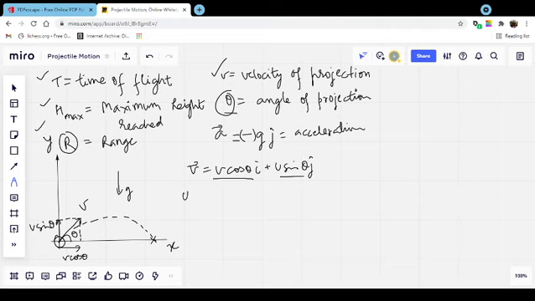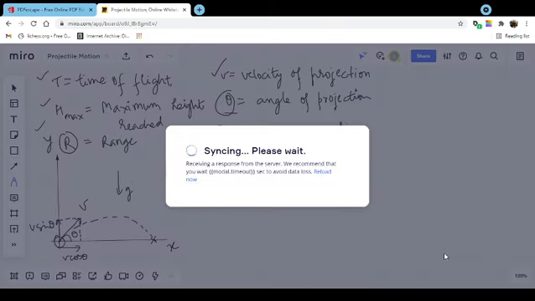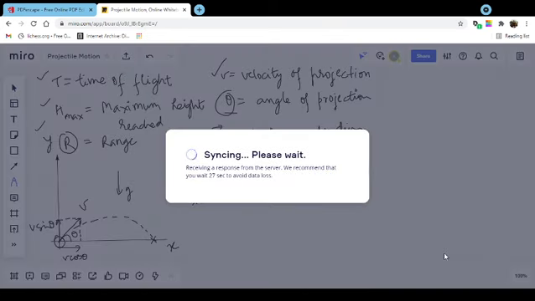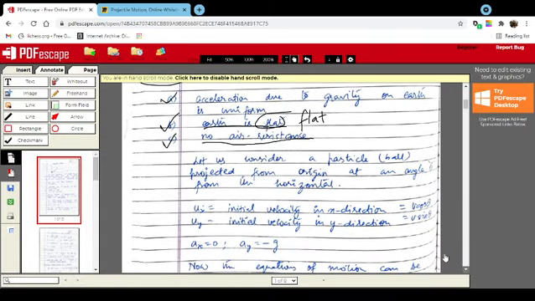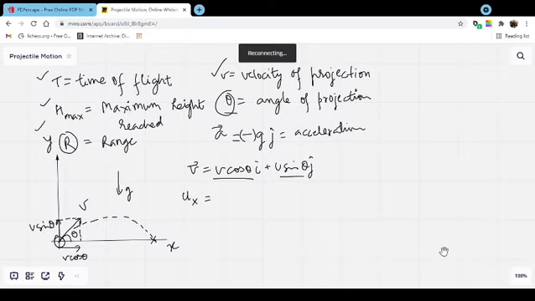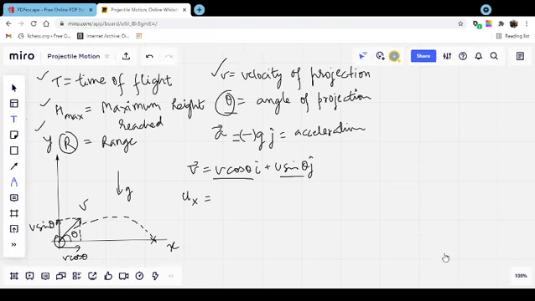So the initial velocity of the body along x direction, what would that be? So we can go over here. The initial velocity of the body along x direction, ux, initial velocity in x direction. As you can see, this is v cos theta. So the initial velocity along x direction is v cos theta, and this should be the coefficient of i cap, velocity along x axis.